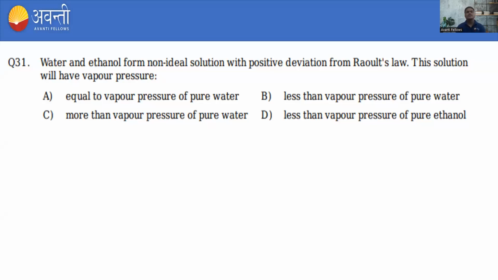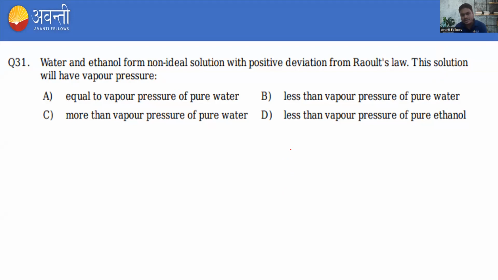That is this question: water and ethanol form a non-ideal solution with positive deviation from Raoult's law, and this solution will have the vapor pressure... So we know that this question is from the solution chapter, right? And from liquid solutions. We all know what a non-ideal solution is.